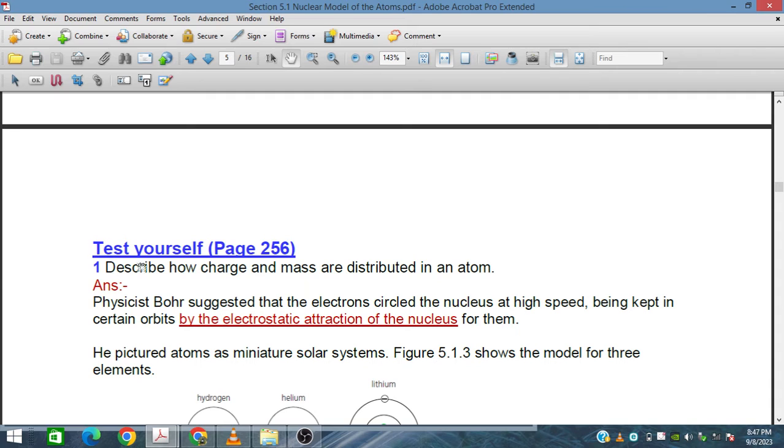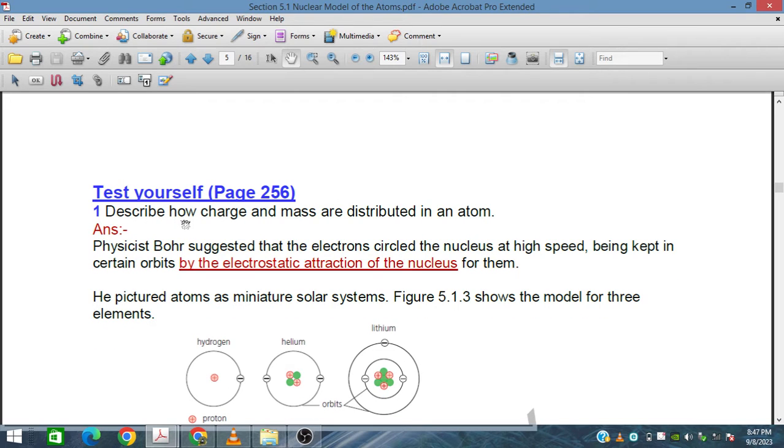This was some of the questions from Test Yourself in this book. Describe how charge and mass are distributed in an atom.